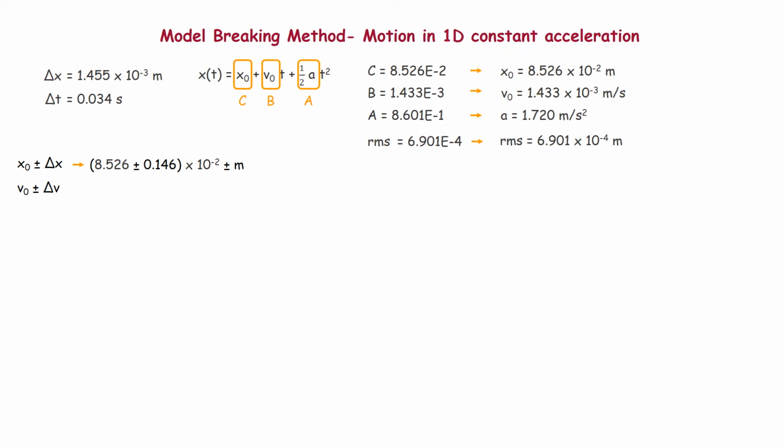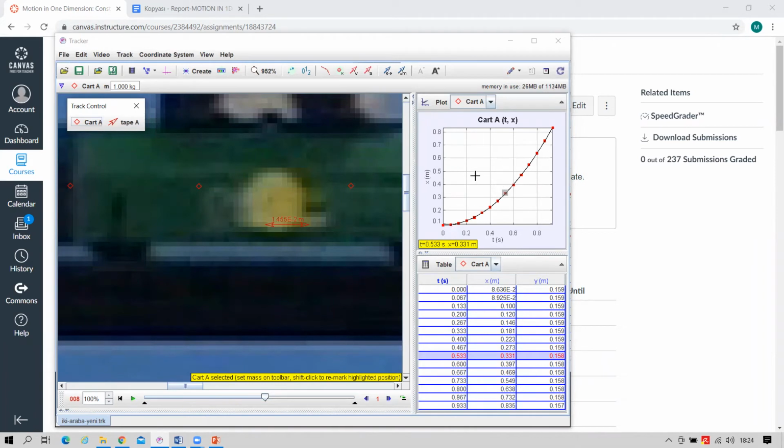For this, let me switch to the tracker screen again. I will choose this XT analysis window and open the V versus T graph because we are concerned with the velocity now.